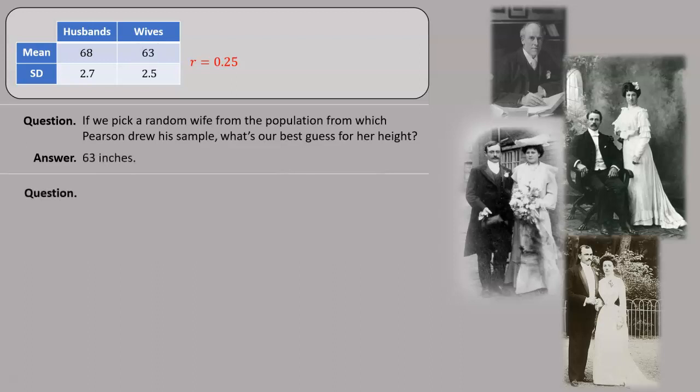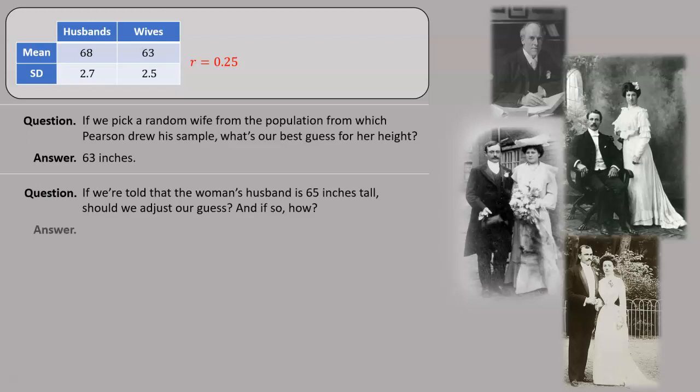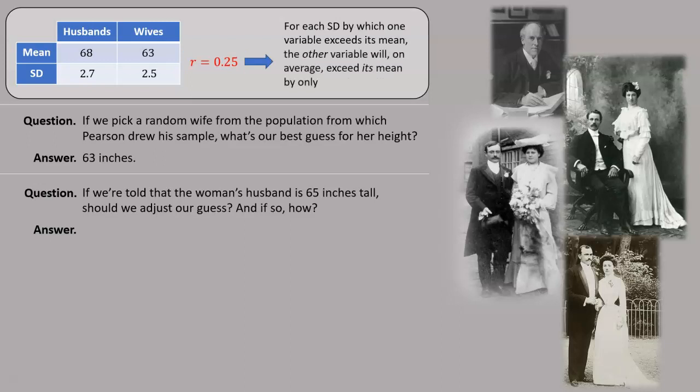Now here's a more interesting question. If we're told that the woman's husband is 65 inches tall, should we adjust our guess? And if so, how? Well, now we have some useful information. The husband's height is useful to us because we know how husbands' and wives' heights are correlated. We know that for each standard deviation by which one of these variables exceeds its mean, the other variable will, on average, exceed its mean by only 0.25 standard deviations.